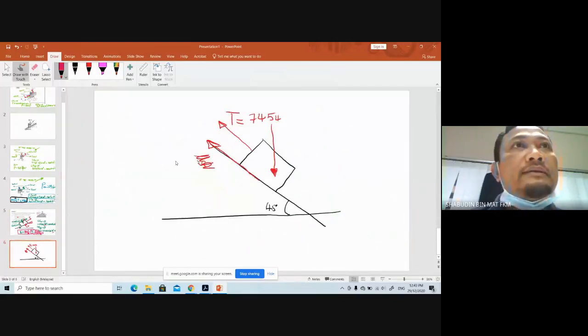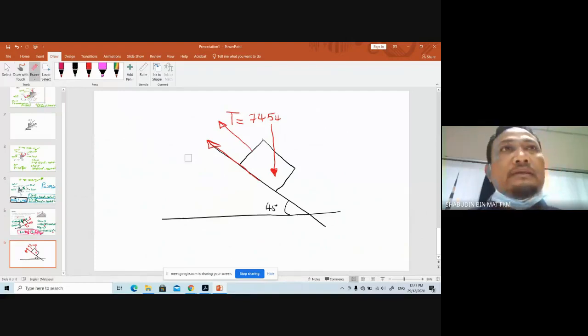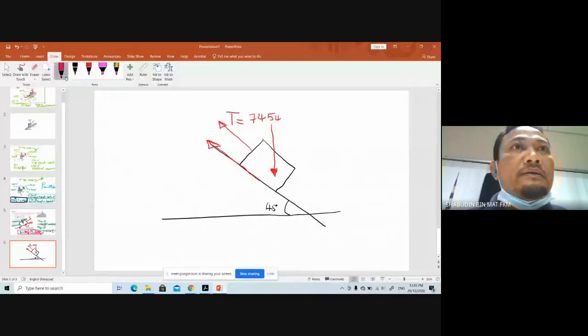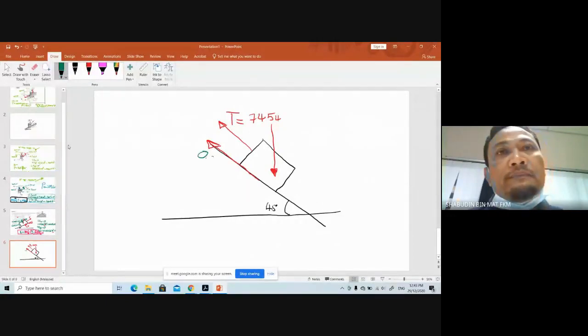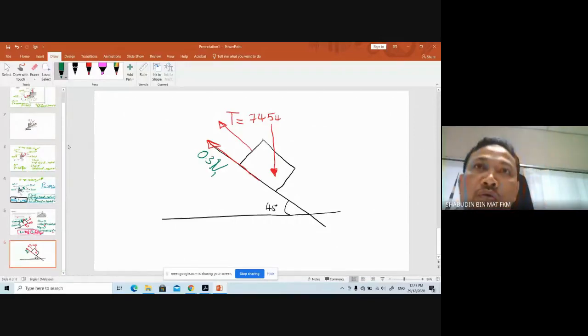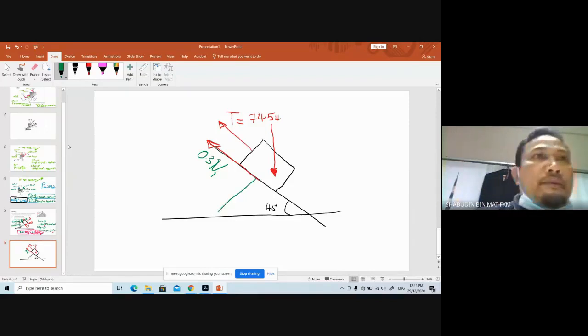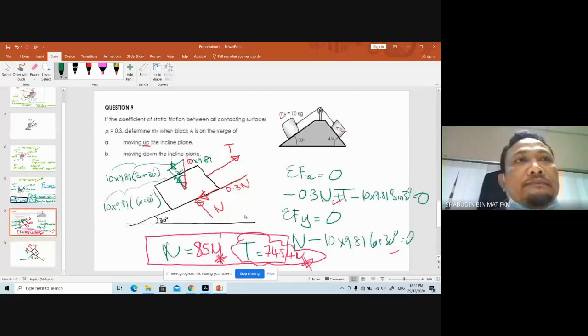This is 0.3 by n1 this time, a different n. So you have here n1, different than the previous n.